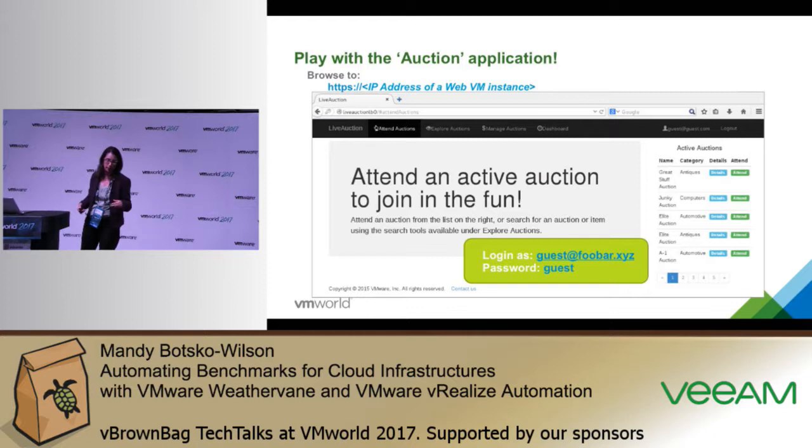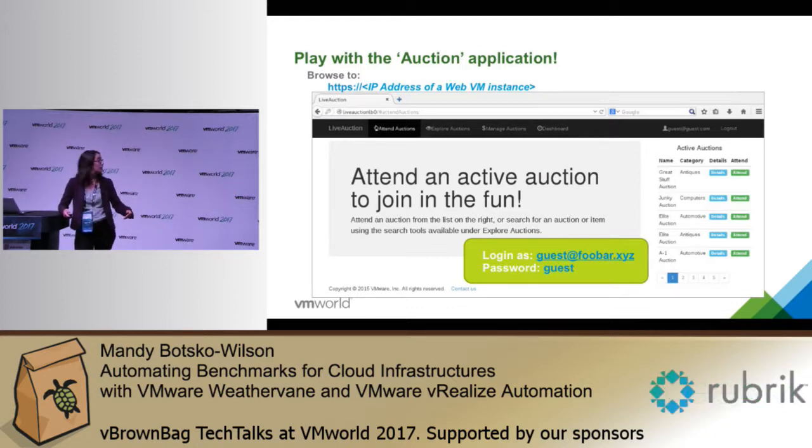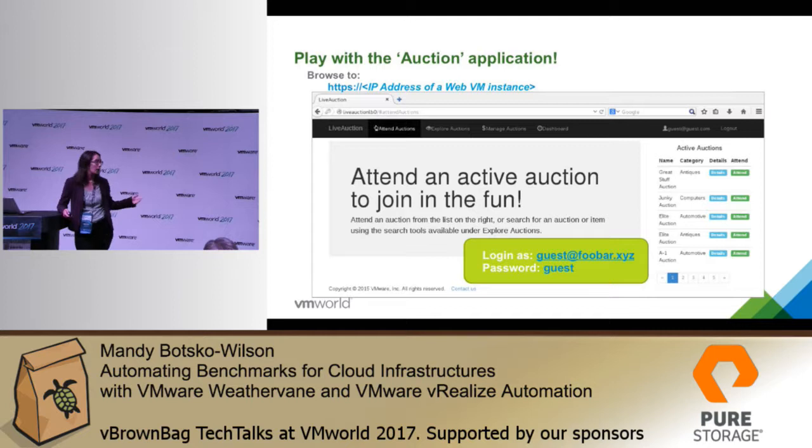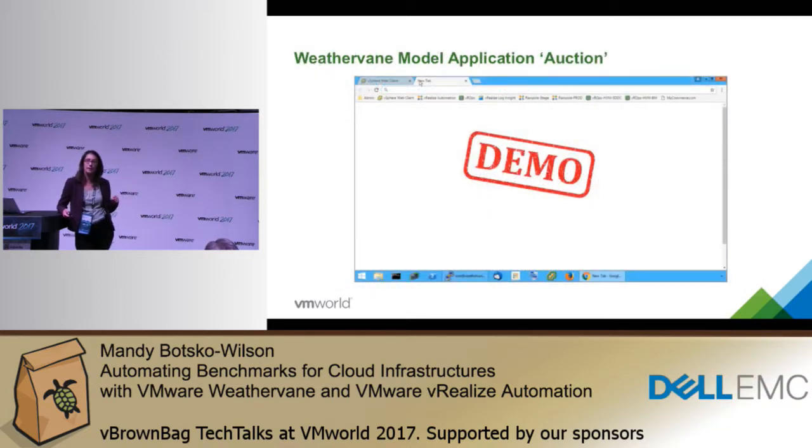Once you have the Weathervane application running one of its tests, the auction application is available and you can actually log into it. You go to the IP of the web server and you can play with that particular web application and see what it looks like. So I put that up there for you. In fact, I have a little bit of a demo and you can see what you can do when it's actually running.